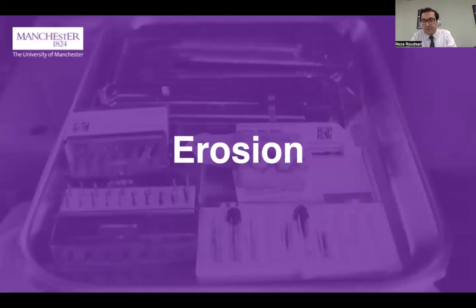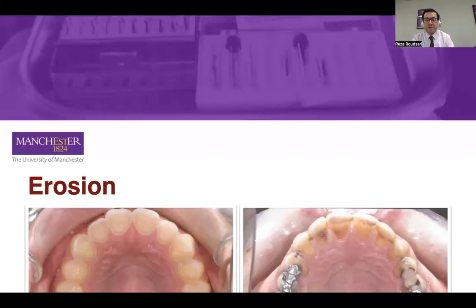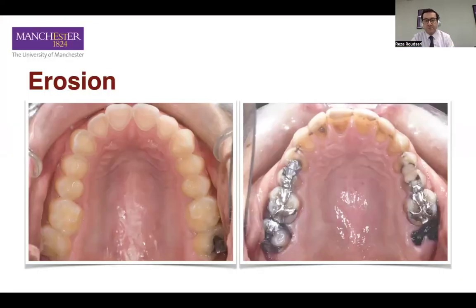So let's focus on erosion, because that's by far the most common type of tooth wear that you will see in Europe, including England. And as I said, in erosion, a lot of the time you will lose morphology of the teeth. So in these examples on your left and on your right, the patient has got acid reflux.